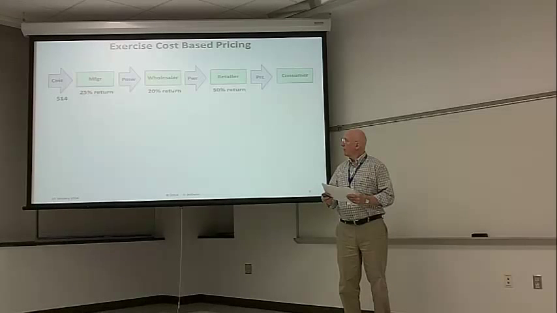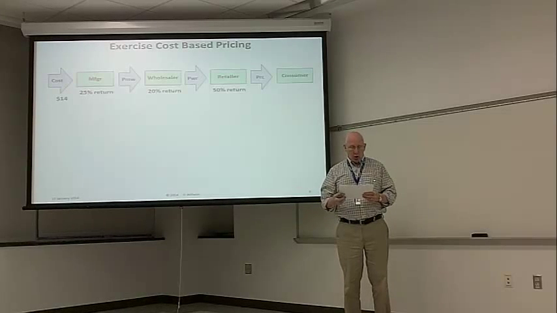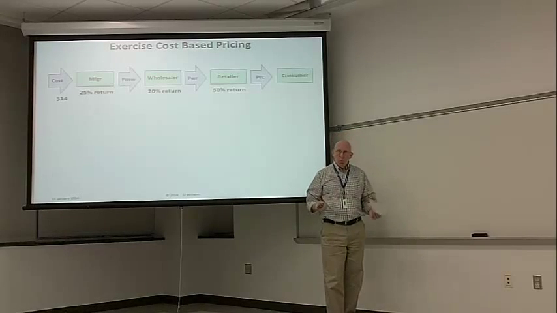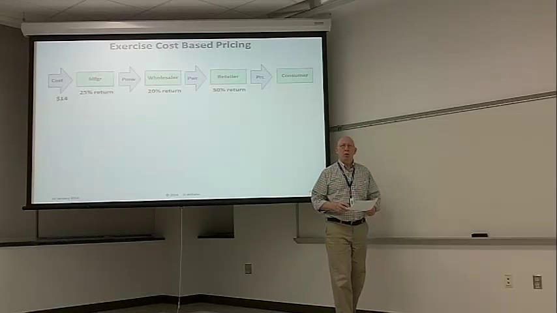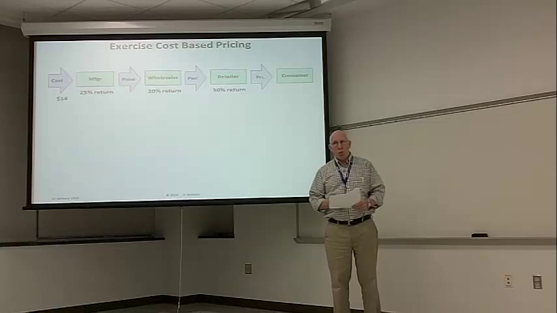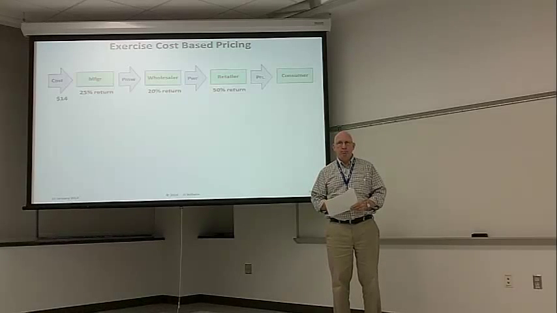So starting with the manufacturer's cost, go ahead and calculate the price from the retailer to the consumer. If you wish, stop the video and try the problem yourself. If you don't wish, I'm going to go ahead and show you the solution now.